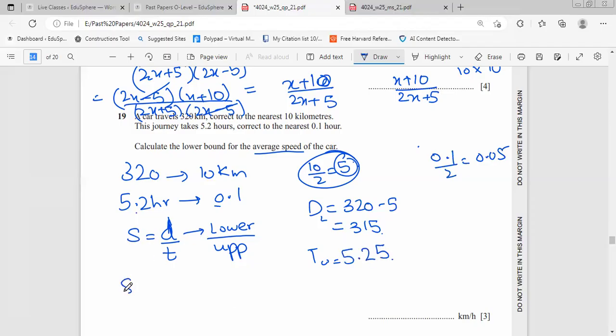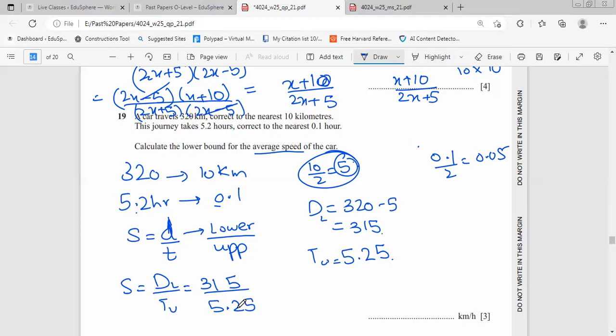Now I'm going to use the formula. So the lower bound of the distance divided by the upper bound of the time. Lower bound of the distance is 315 divided by the upper bound of the time. And the upper bound of the time is 5.25, so I have to divide it.